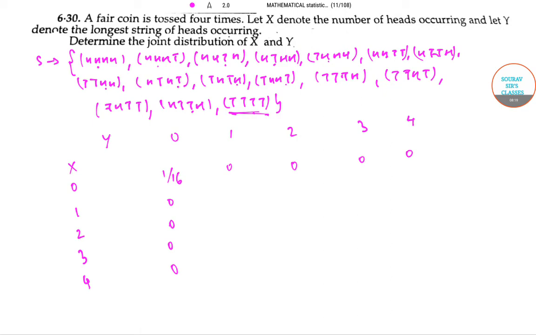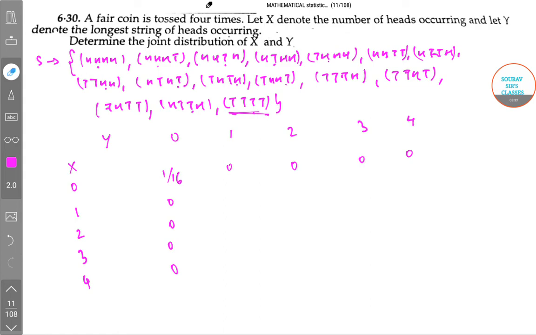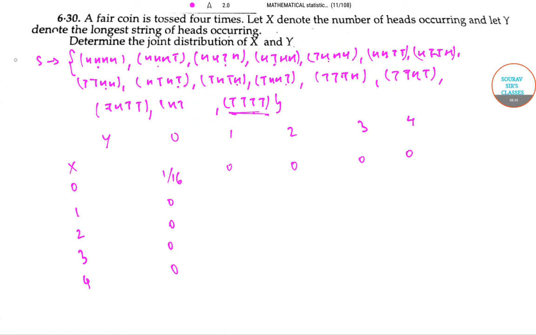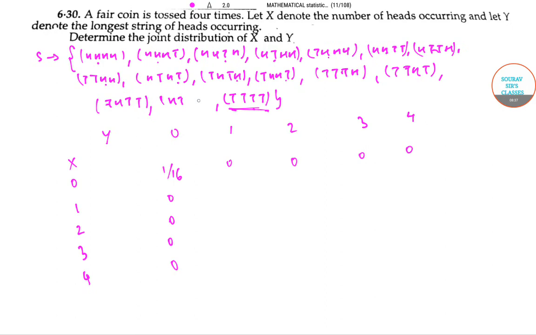Now, given you have 1 head, what is the probability that it is the maximum string of heads? Given you have 1 head, the longest string of heads you can have is 1.